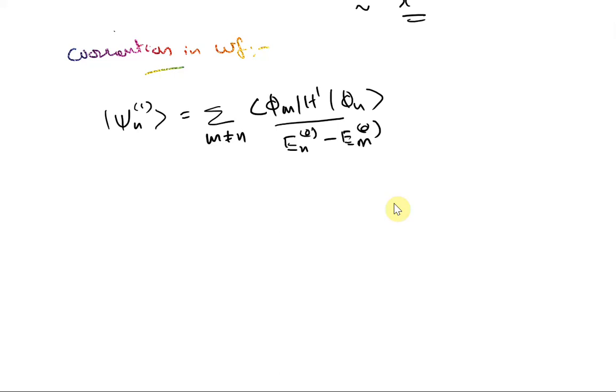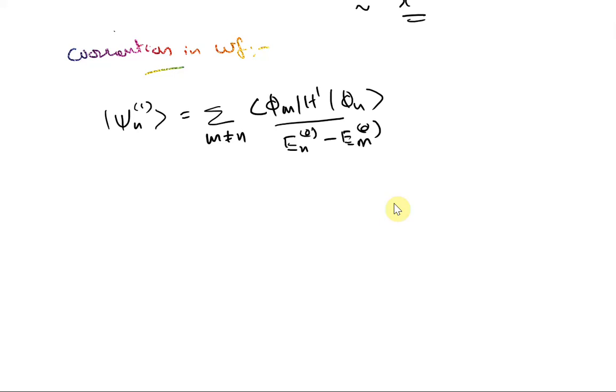After the application of this operator, if you get something like phi m plus 1, then since the basis is orthonormal, that quantity is going to be 0. So the component we have to identify is that after the application of this perturbation, the state phi n has to change into phi m. If there is no change, n is equal to m, that case does not need to be taken care of, because our condition is that m is not equal to n.